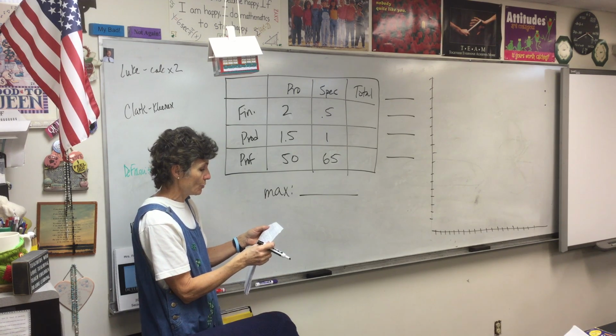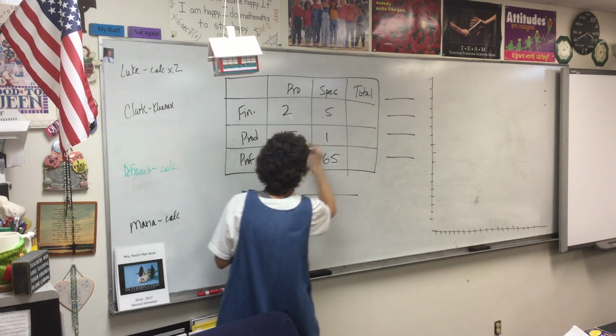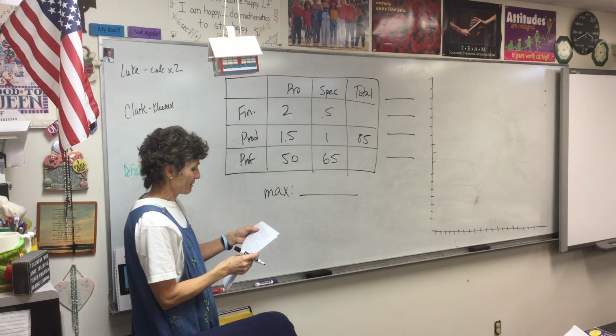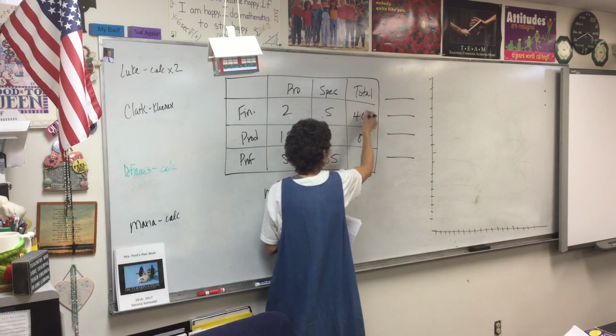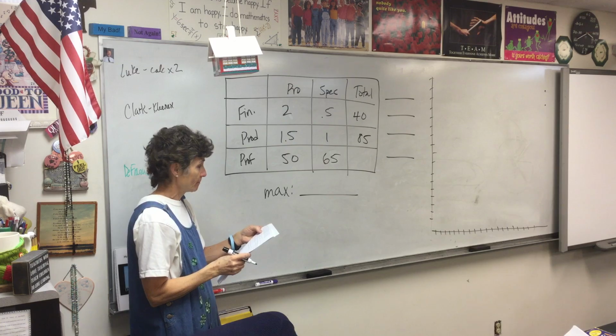That's the total hours per day available for production. So that would be right here. And what about the 40? That's finishing, that's right here. Is that every number now?